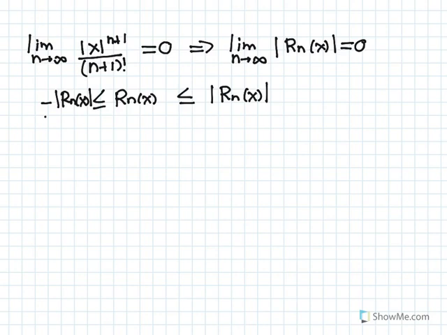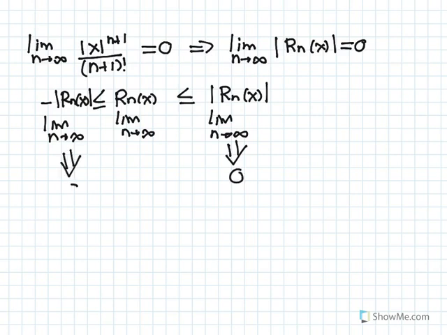Let's take the limit of all sides as n approaches infinity, and then we can apply the squeeze law. We proved that the limit of the absolute value of Rn of x is equal to 0 by applying Taylor's inequality. And on the left-hand side, we get minus 0, which is 0.